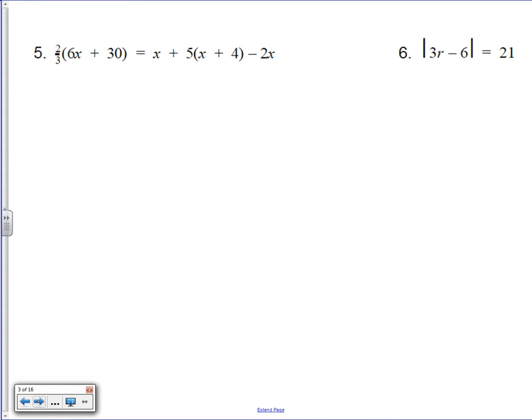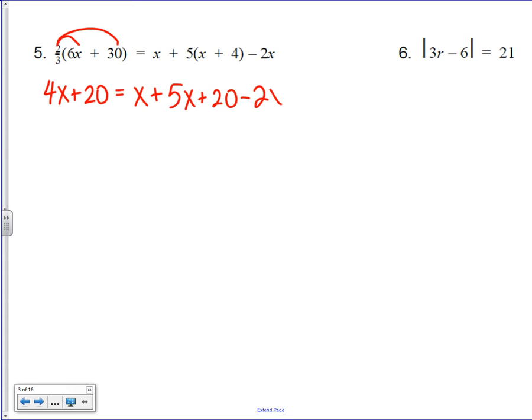All right, we're getting into more and more steps here. First up, we need to distribute. Be careful when you're typing your fractions in your calculator. Now, I've got some things that I can combine. Those x's can go together.